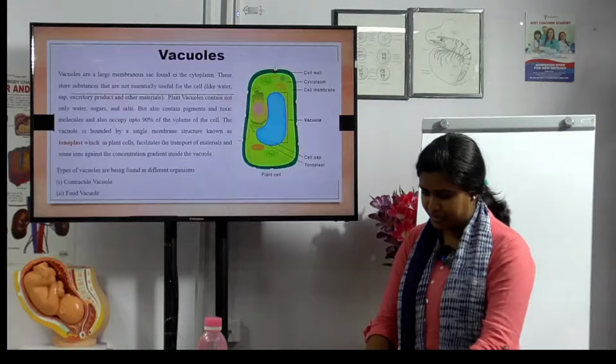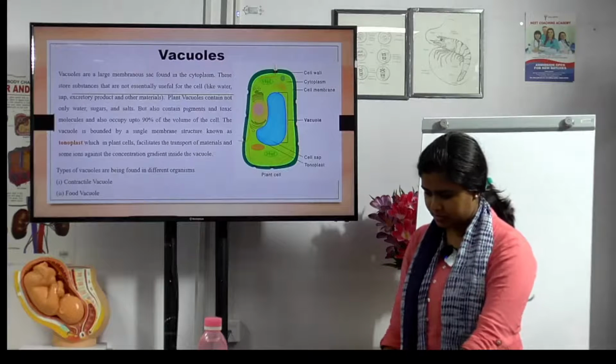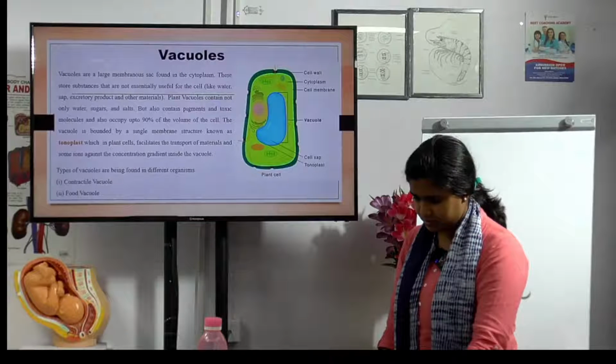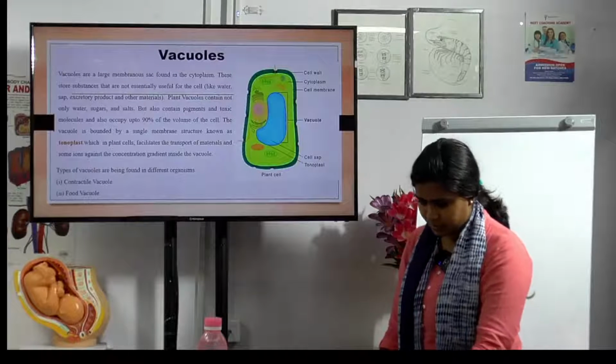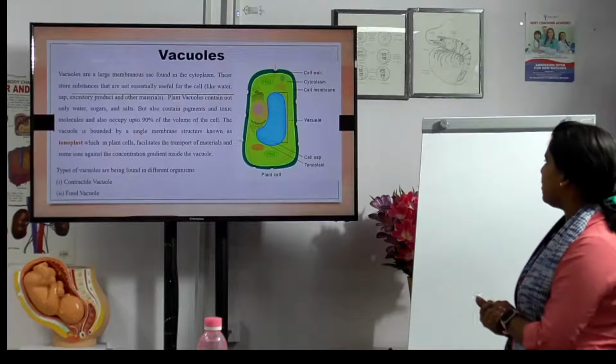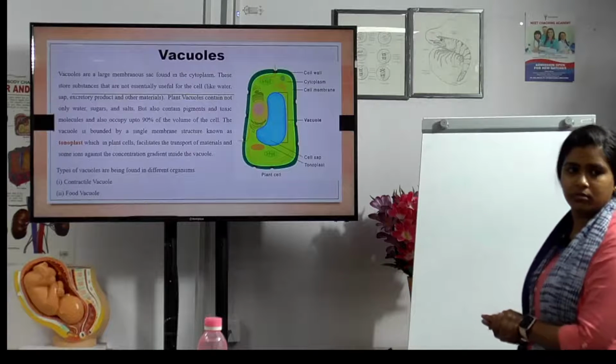Okay, now next what we are going to see is vacuoles. These are large membrane sacs found in the cytoplasm. Where are they found? The blue one.